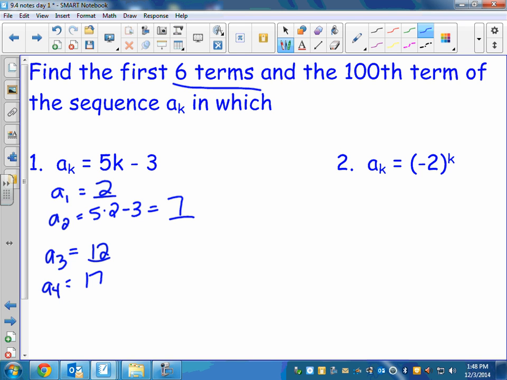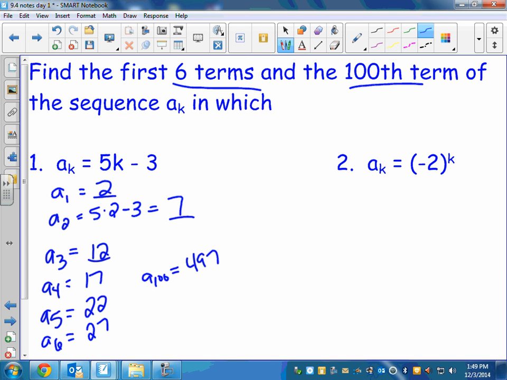I want the first 6 terms and the 100th term, which seems a little excessive to me, but whatever. The 5th term would be 22. The 6th term would be 27. The 100th term would be 497. Not so bad, right?